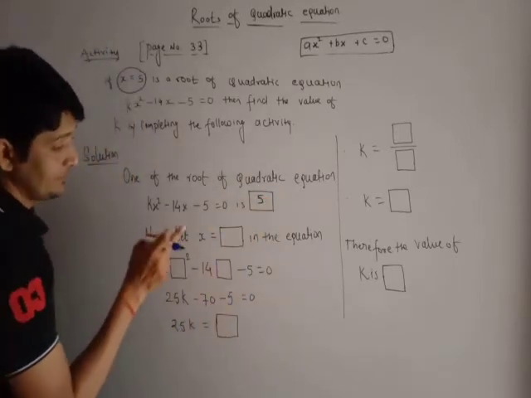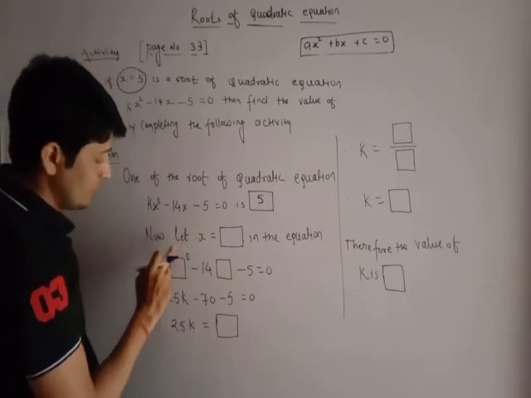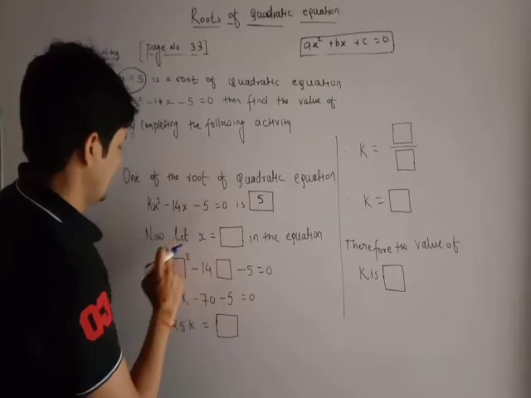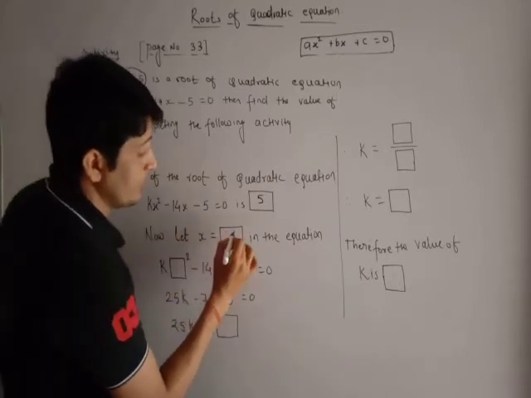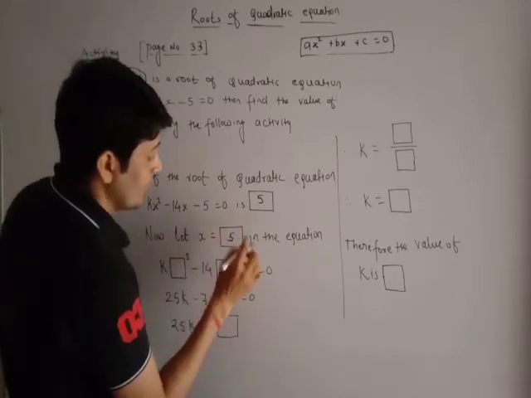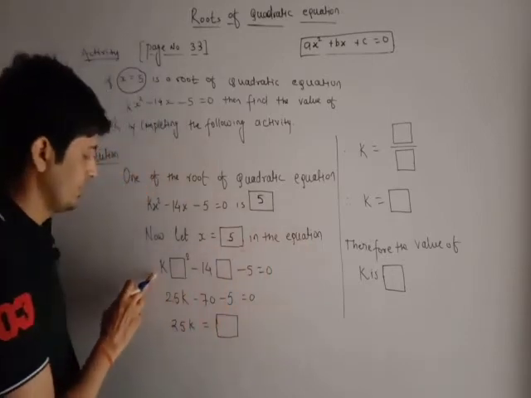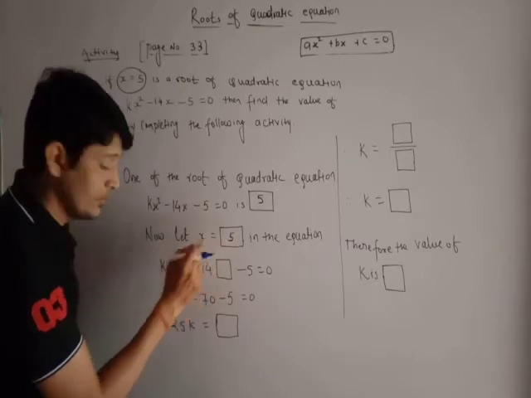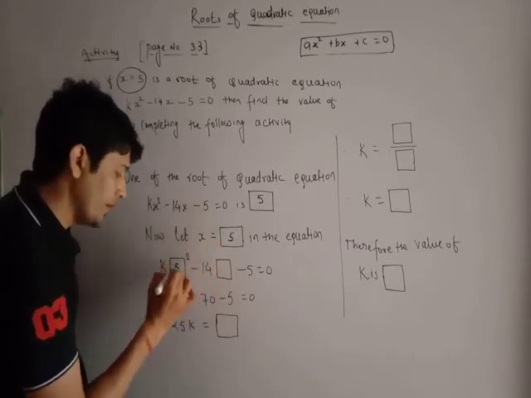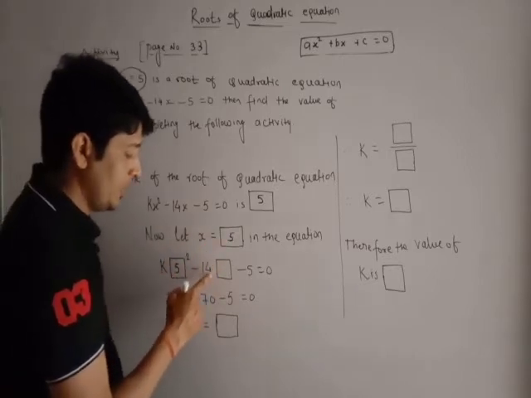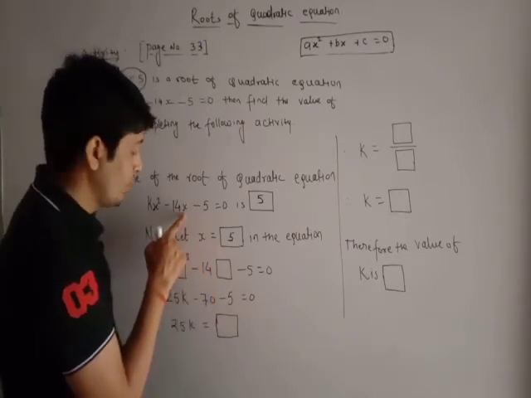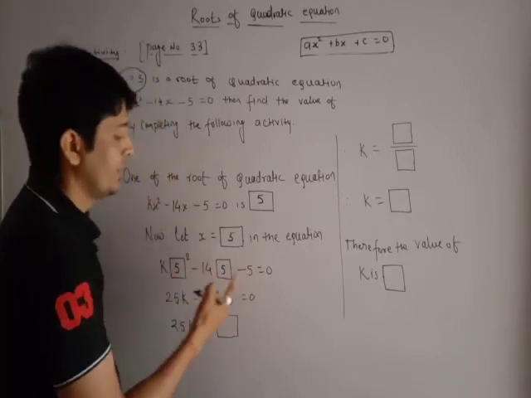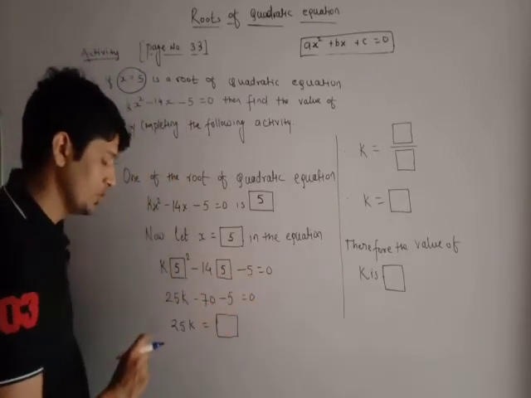Now let x equals to 5 in the equation kx square. What is the value of x? It is 5, so we write 5 here. Then 14 into x, and x equals to 5, so we write 5 here also, minus 5 equals to 0.